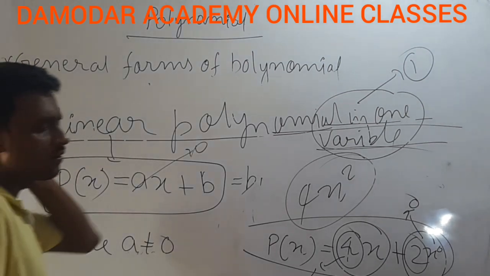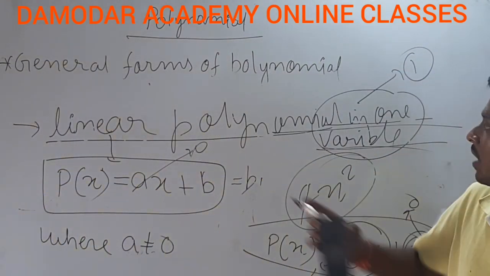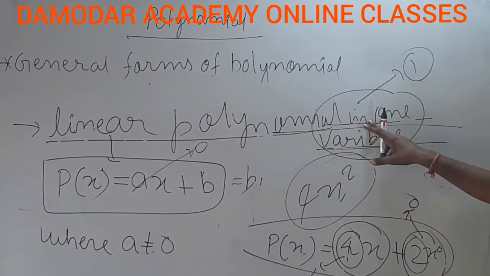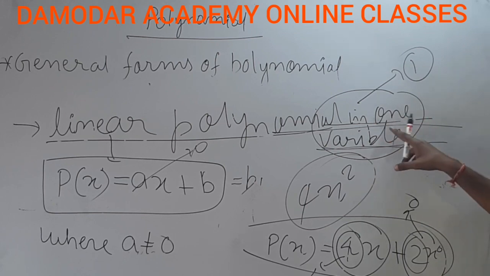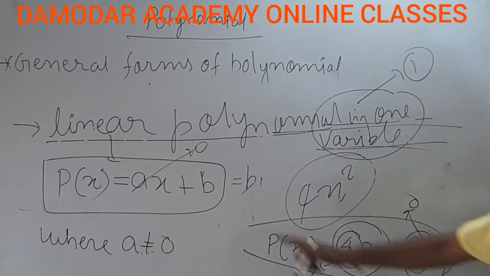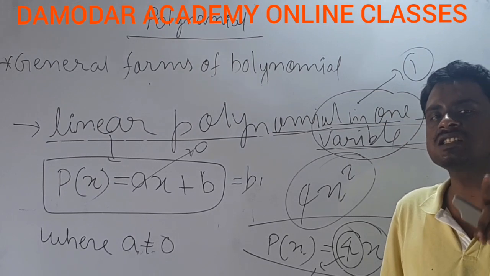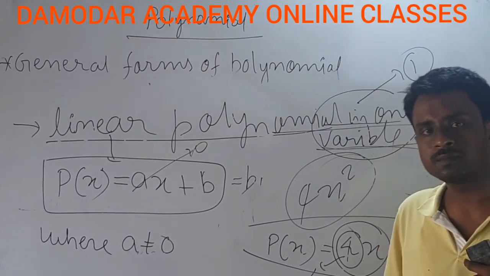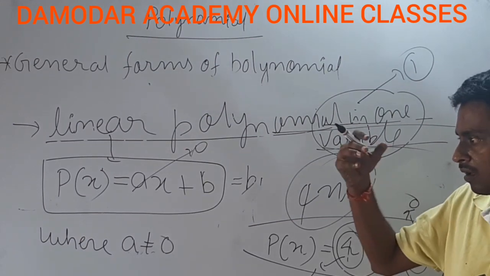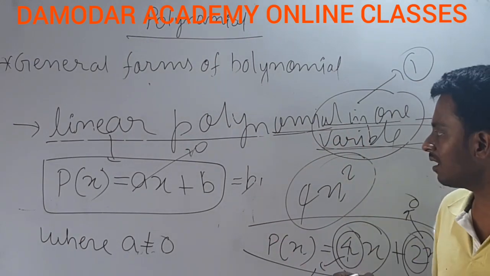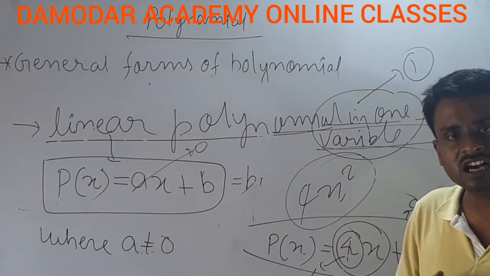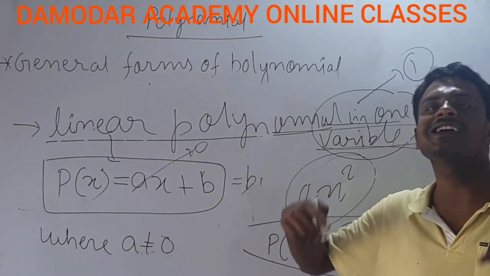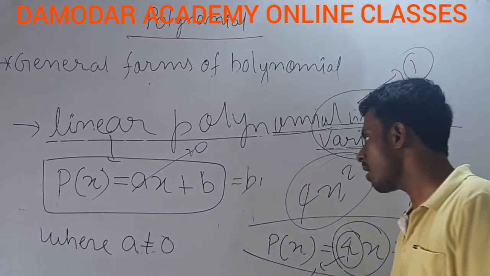This is the case of a linear polynomial in which there is only one variable. Always remember it. This is useful while testing an algebraic expression, whether it is a polynomial or not. We will compare with its general form. Okay.